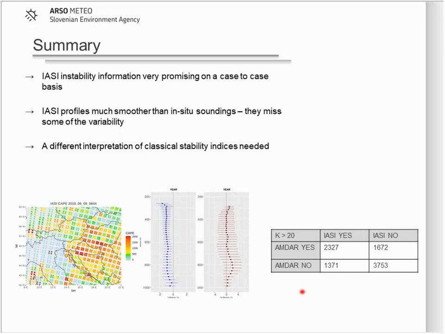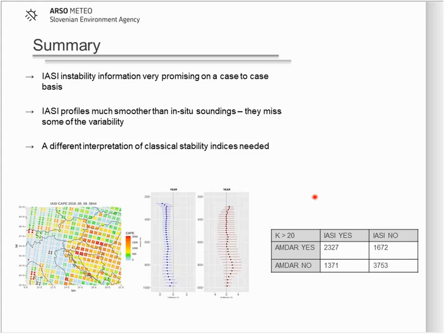We just cannot use the same indices in the same way as we did with the radio soundings, but we have to adapt our thinking, or the interpretation of those classical stability indices, to use them for our forecast.